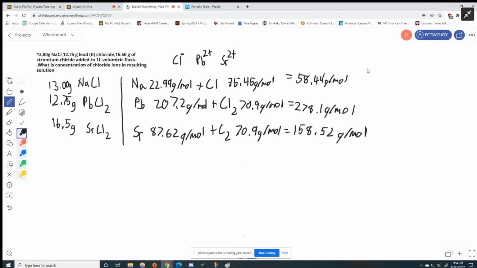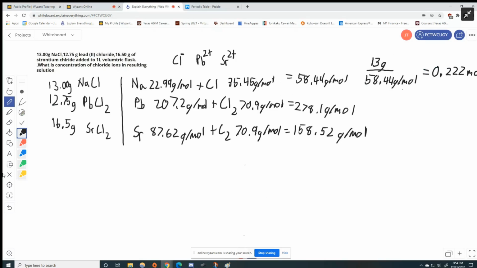I'll do this one real quick, and then we can do the rest. So here it's 13 grams over 58.44 grams per mole. And what you'll get is 0.222 moles.